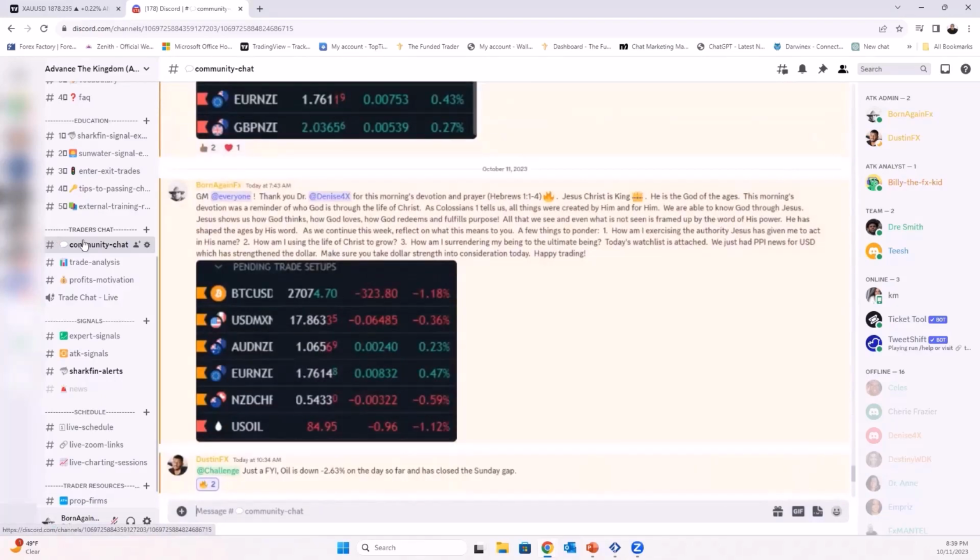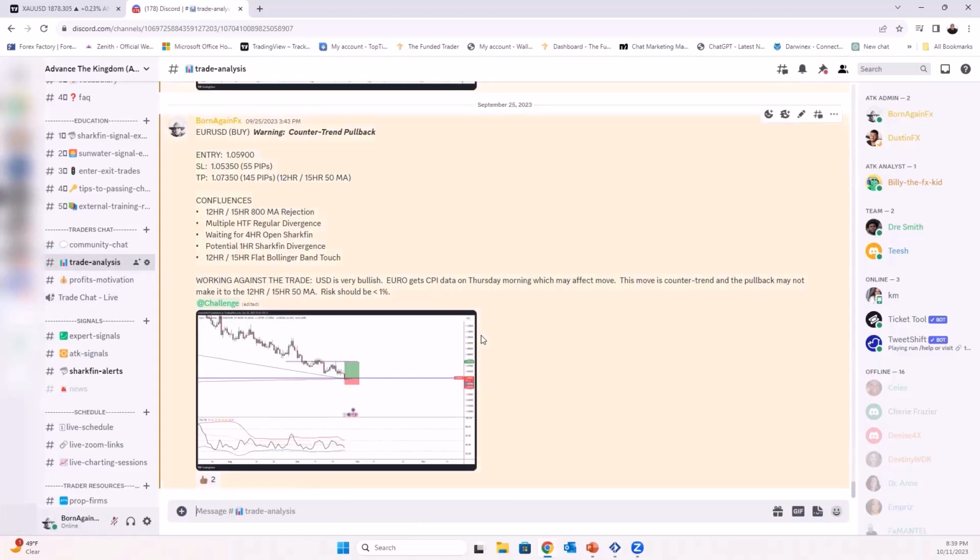And then what we do in the group is when it meets our level, we'll do an analysis. So I'll post an analysis where it'll say EUR/USD a buy. Here's the entry, here's the stop loss, here's the take profit, and these are the confluences.